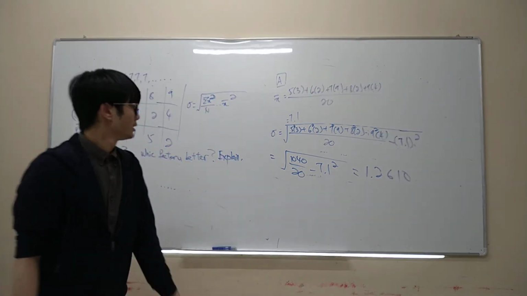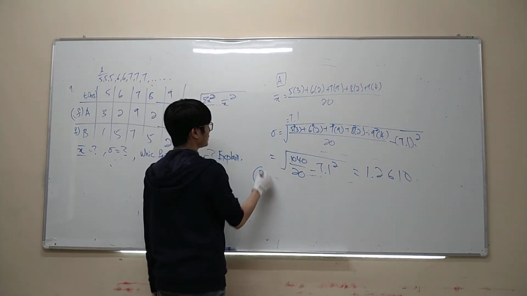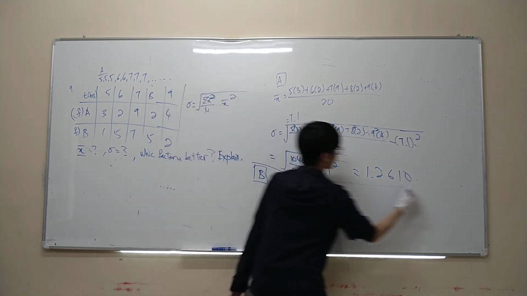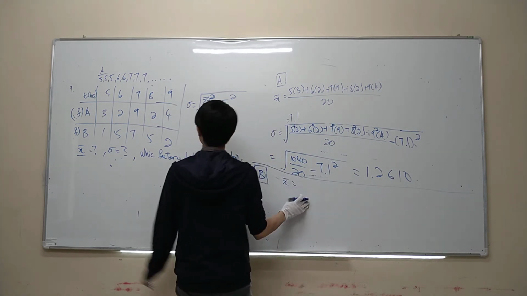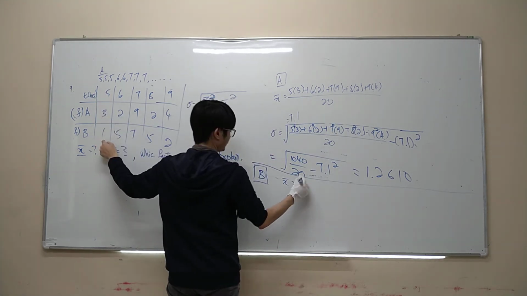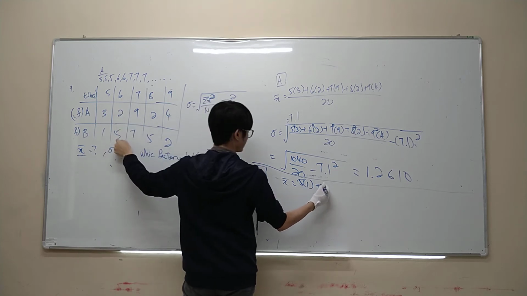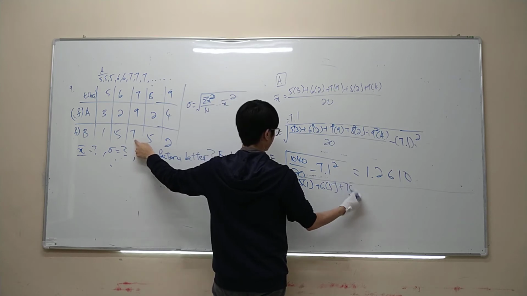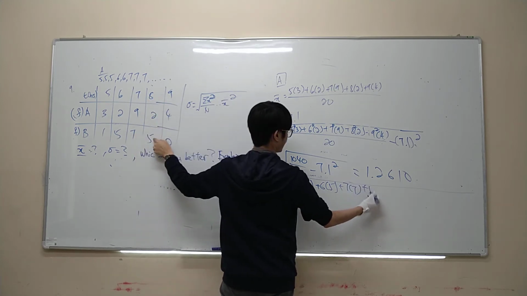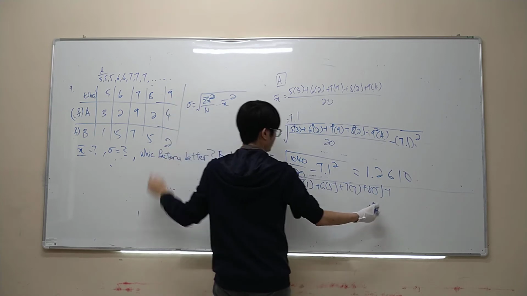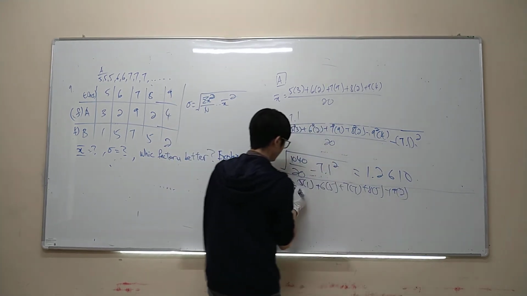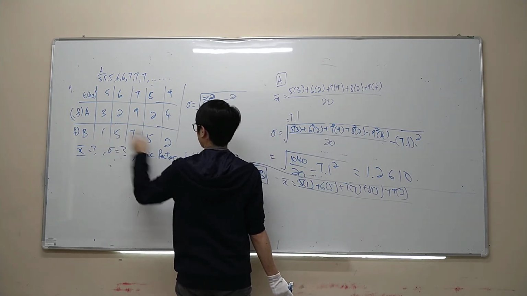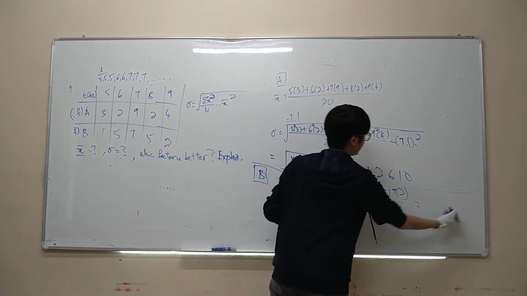Okay, so what about company B? Company B, same thing. I need to find the mean and the standard deviation. What will be the mean? 5 times 1 plus 6 times 5 plus 7 times 7 plus 8 times 5 plus 9 times 2, over, what is the total frequency? 20.